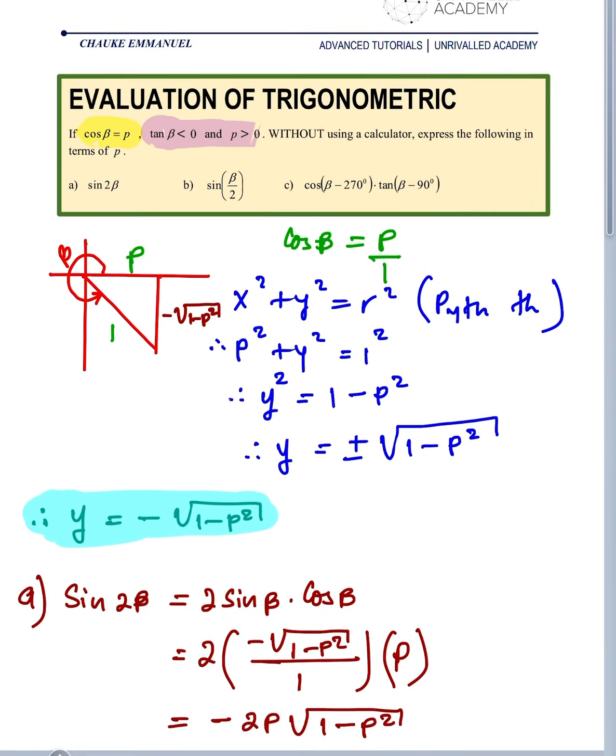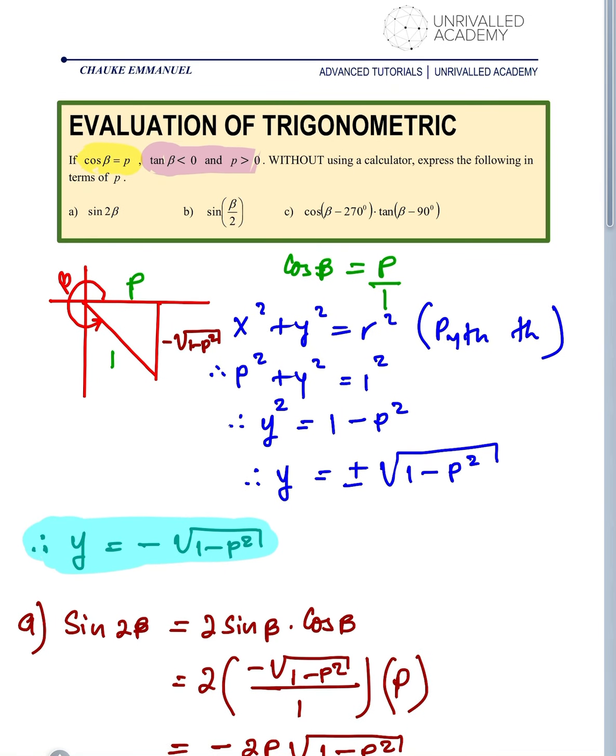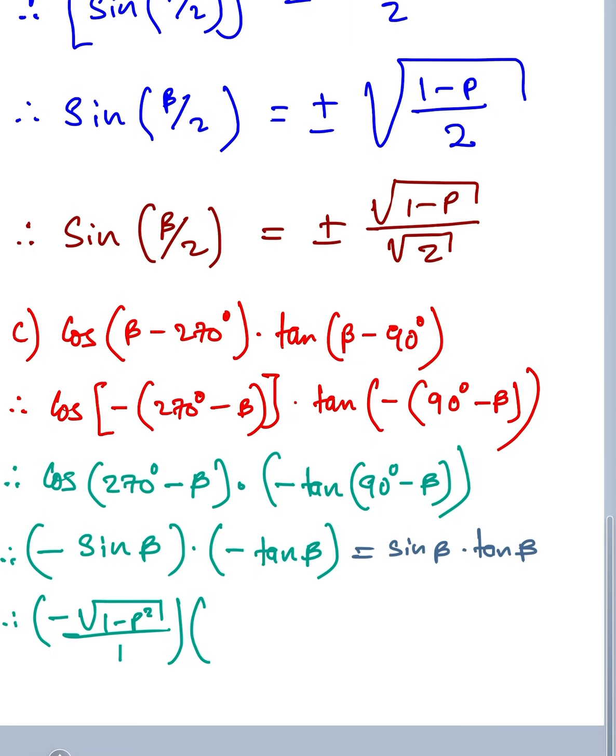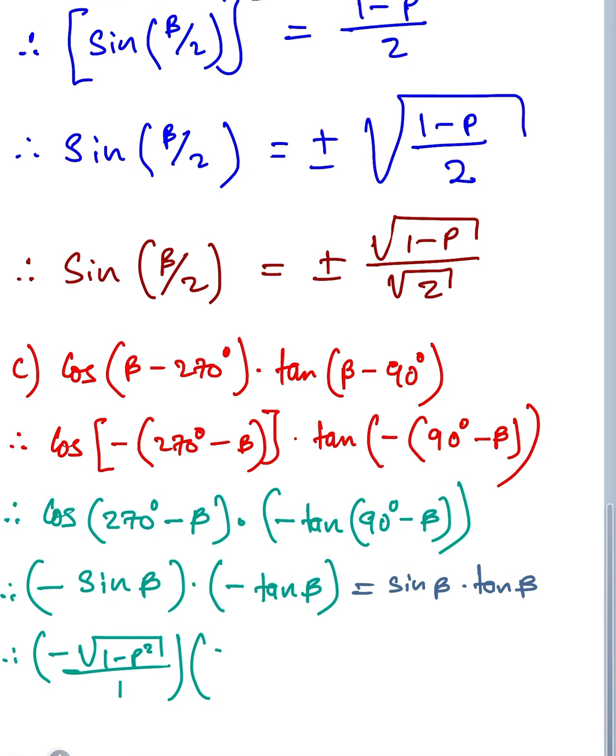So tangent of beta is basically the opposite over the adjacent right there. So it's going to be a minus that over p. So basically, you're going to have a minus, the opposite is this one, it's 1 minus p all squared divided by p.